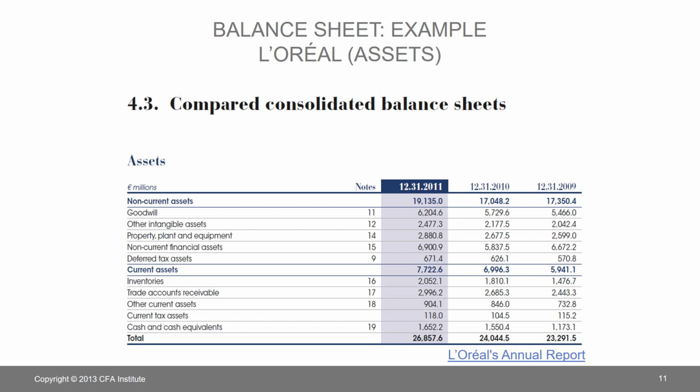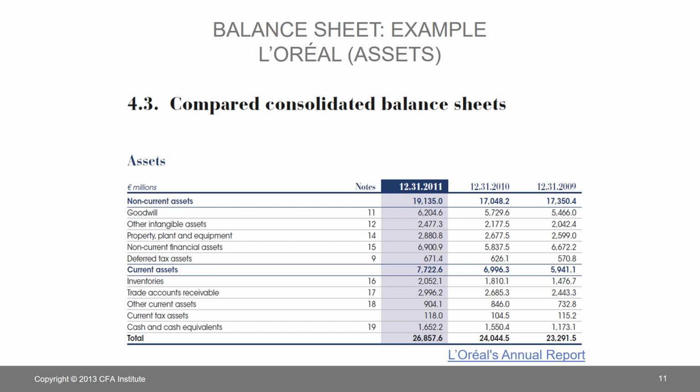And on this slide, we have a third example. So this one is for L'Oreal's company. The balance sheet illustrates the following differences from both Colgate and Henkel's balance sheets. Like Henkel and different from Colgate, L'Oreal's balance sheet orders assets from least liquid to most liquid, with non-current intangible assets at the top and cash at the bottom. Like Colgate and different from Henkel, it uses the title balance sheet rather than consolidated statement of financial position.